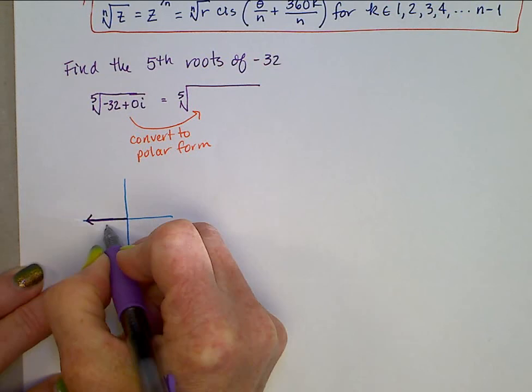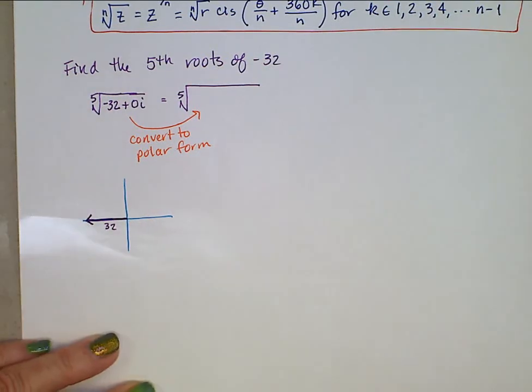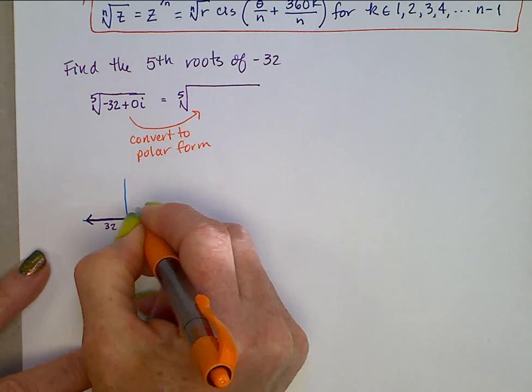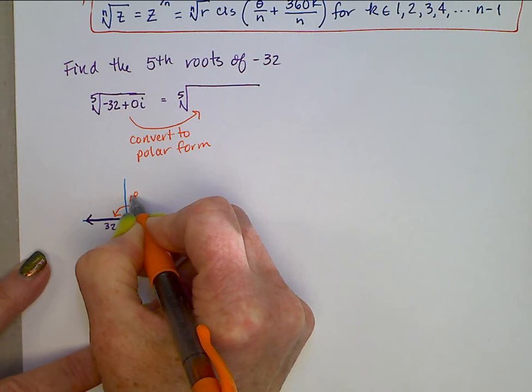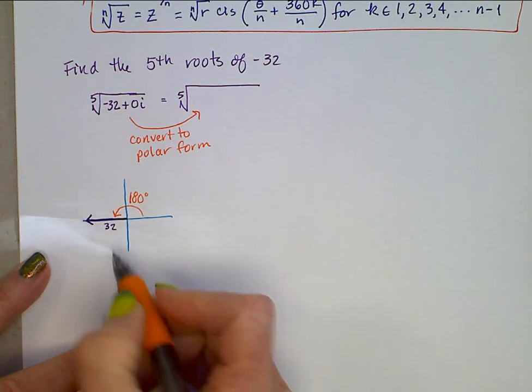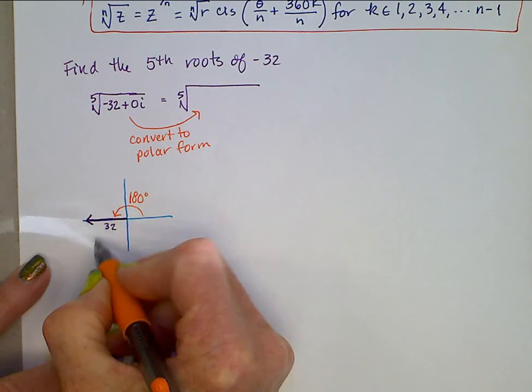That distance, 32. When we convert this to polar, then we look at this angle, and that angle is 180 degrees. And we see that the length of this vector is the r value, it is 32.